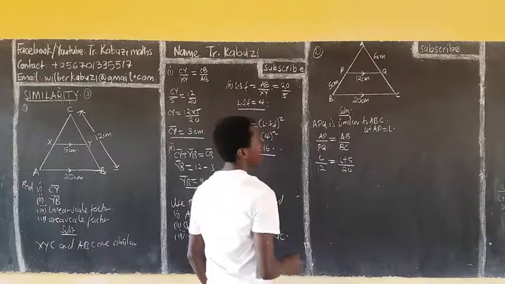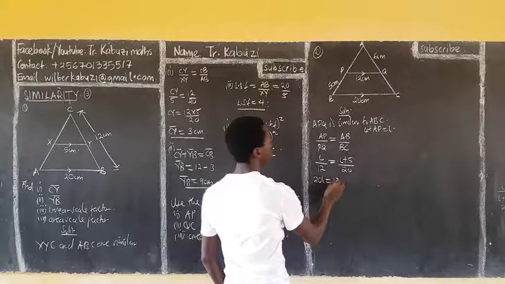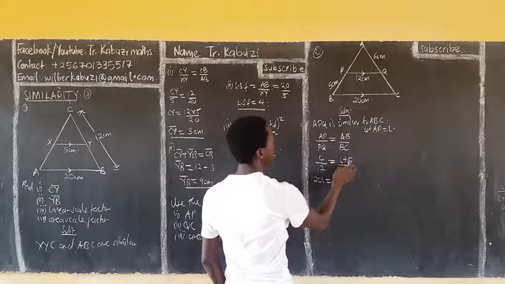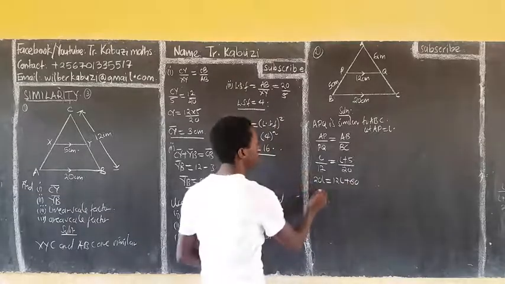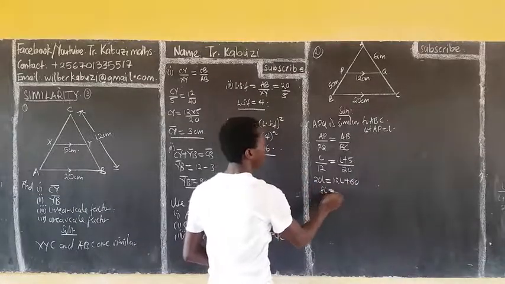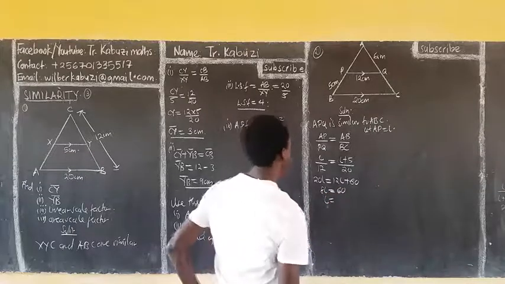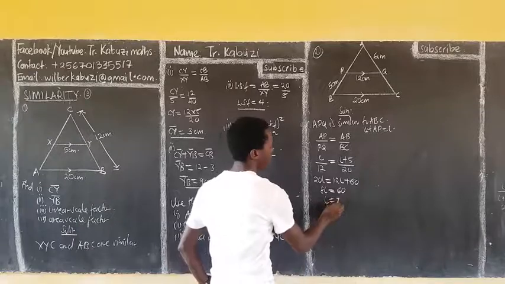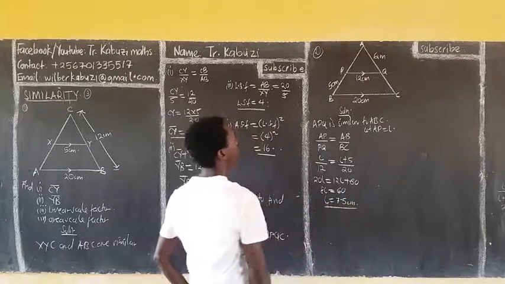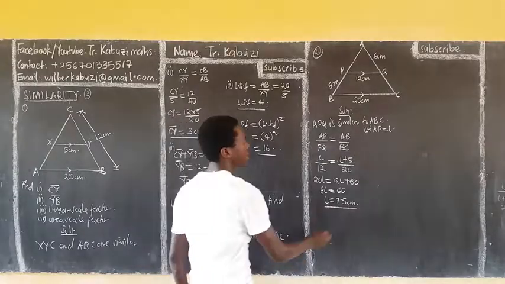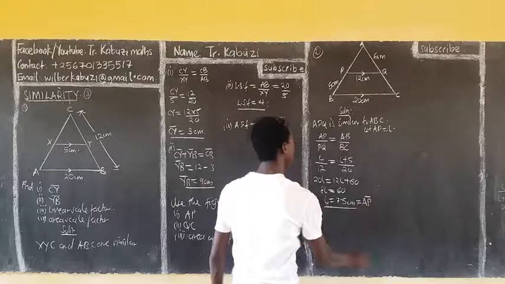If you cross multiply here, you get 20L equal to 12L plus 60. When you put this aside, you have 8L equal to 60, and solving for L, it's going to be 7.5 centimeters. So your L is the same as AP.